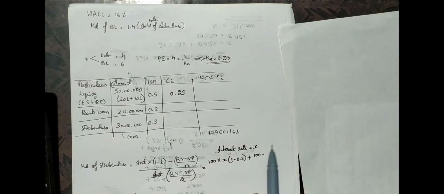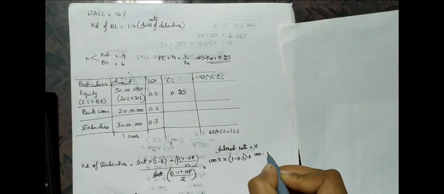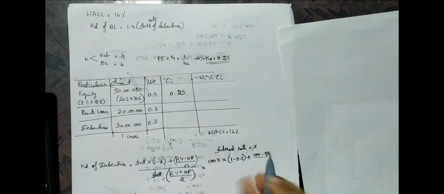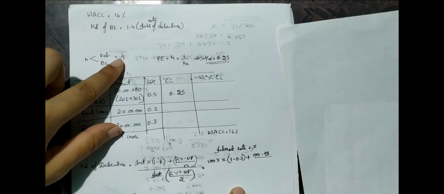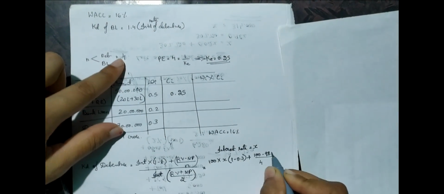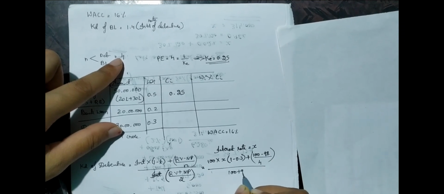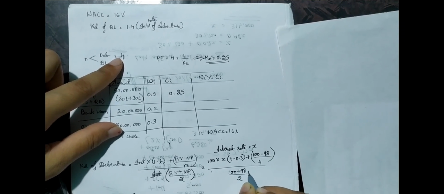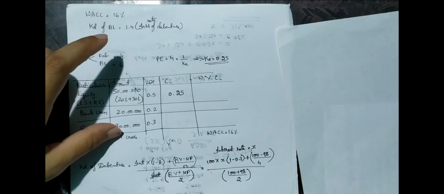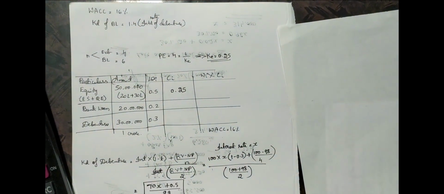They have given that they are trading at 98 per debenture, so 98, upon the remaining life of debentures, which is 4, whole divided by 100 plus 98 upon 2. So by solving this equation, we're going to get it as 70x plus 0.5 upon 99.